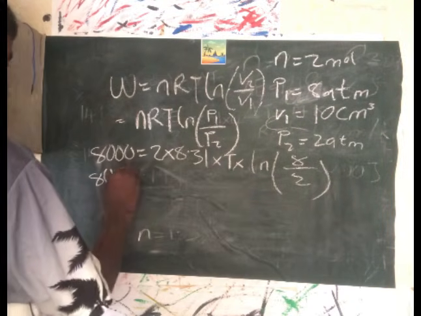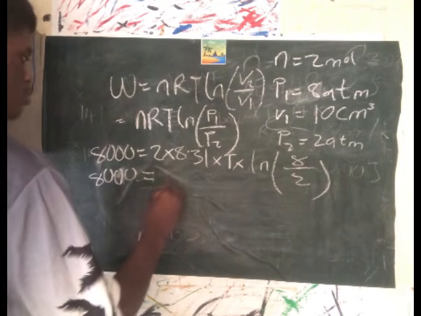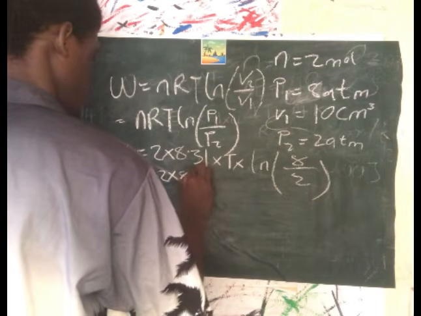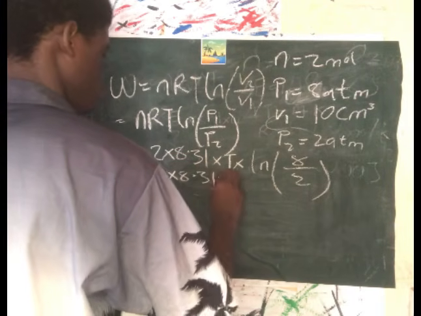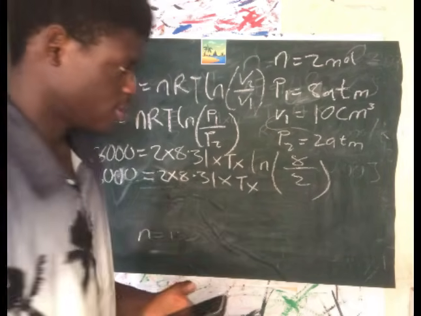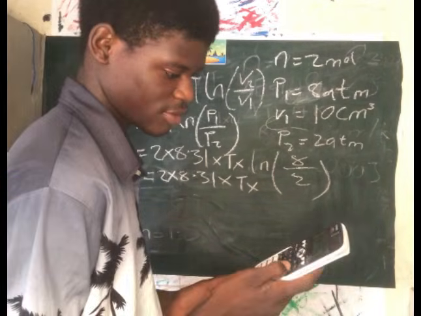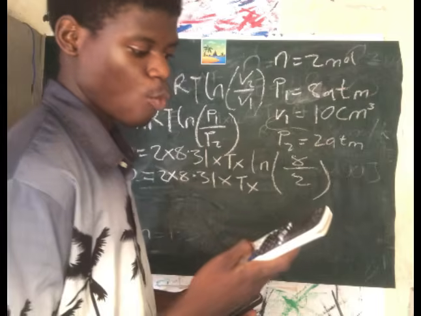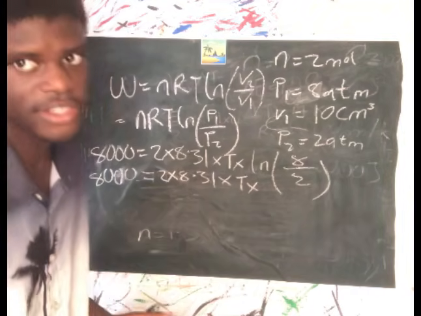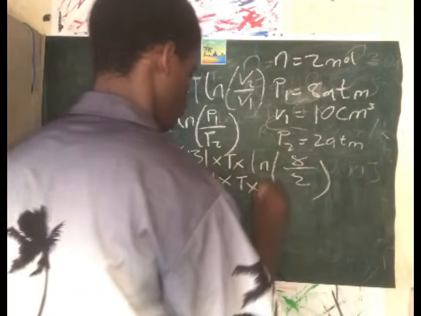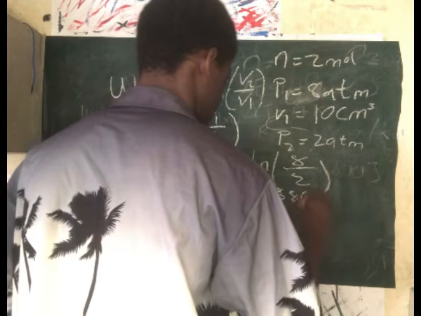So 8,000 is equal to 2 times 8.31 times T times ln 4. ln 4 is 1.3863.